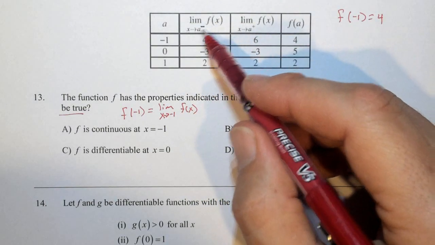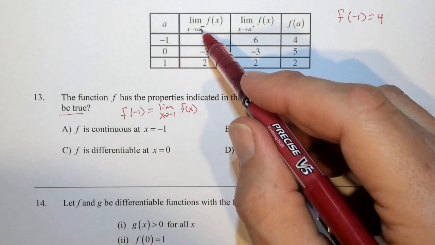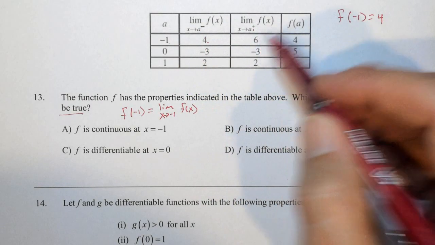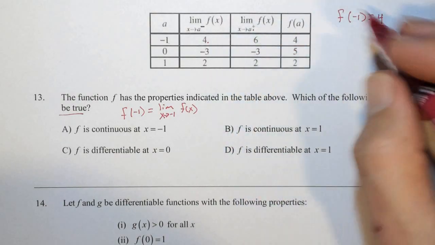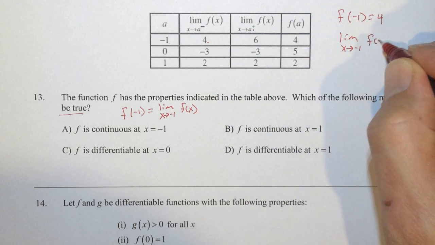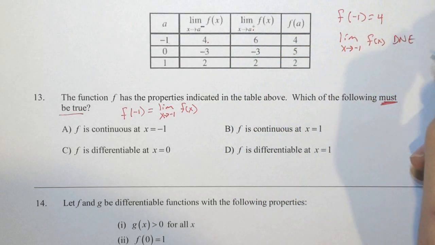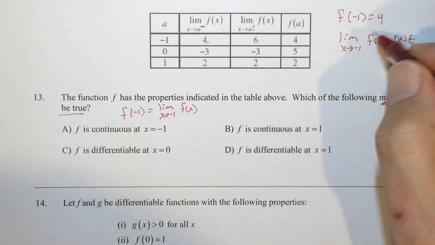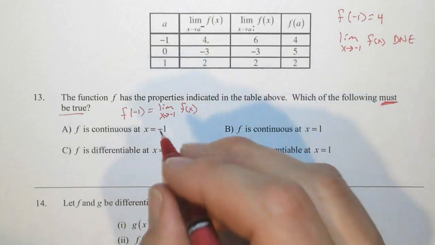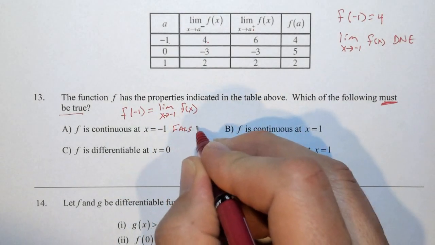Well, we have to look at the limit as x approaches -1 from the left, which is 4, and then from the right, which is 6. Those numbers don't match. So the limit as x approaches -1 of f of x does not exist. The limit and the function do not have the same value, so the function is not continuous. This is false.